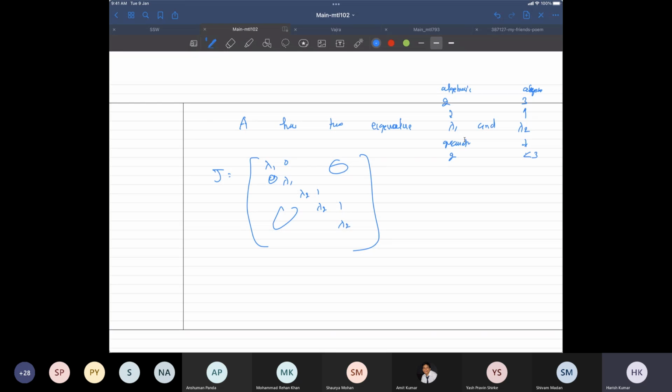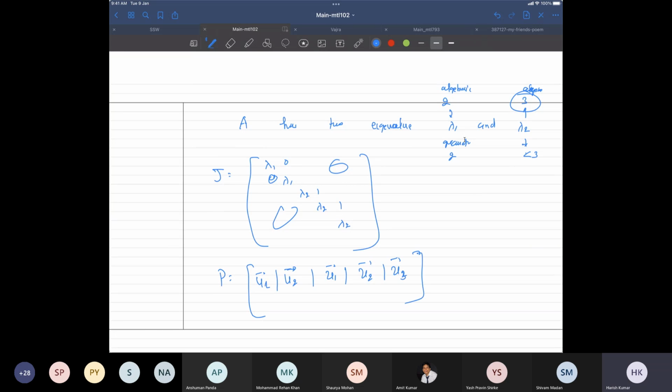Okay, and the matrix P will be containing these two eigenvectors for the first part. So let's call them u1, u2. These are the eigenvectors corresponding to lambda 1. And then the remaining first one will be the eigenvector corresponding to this case, and then the two generalized eigenvectors.